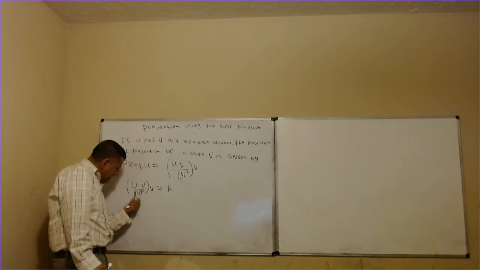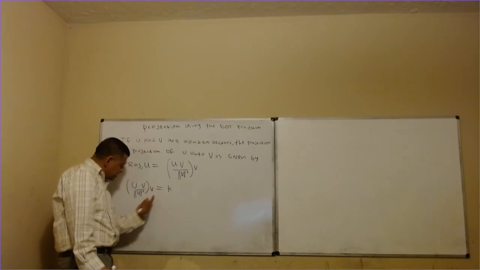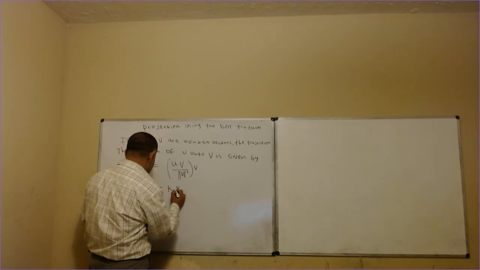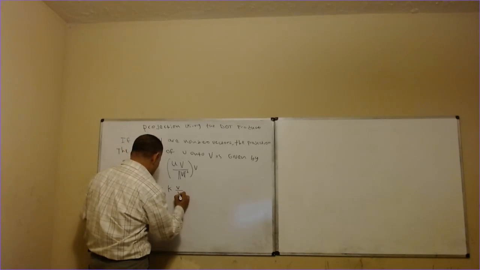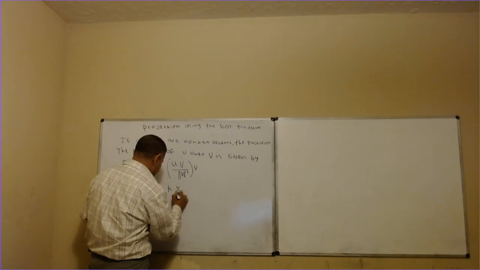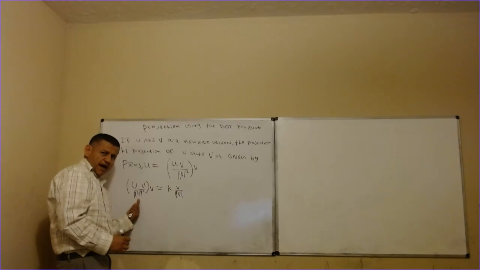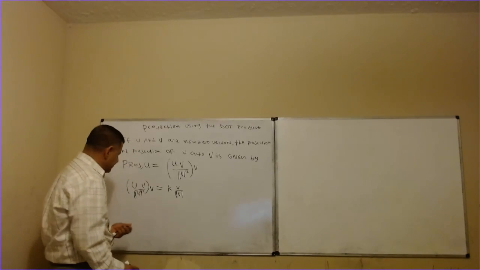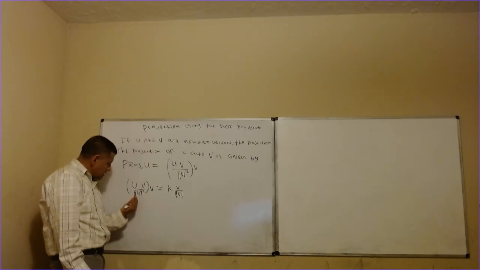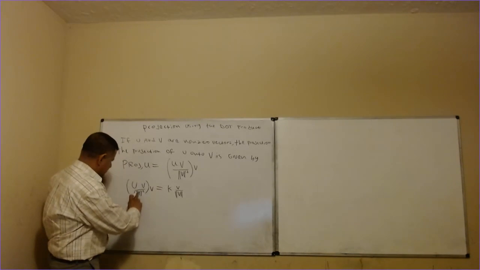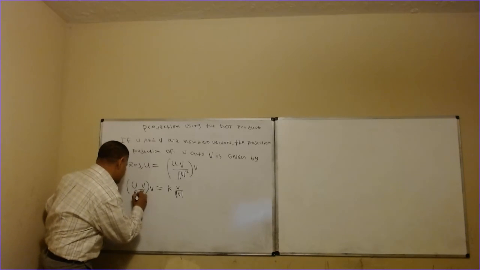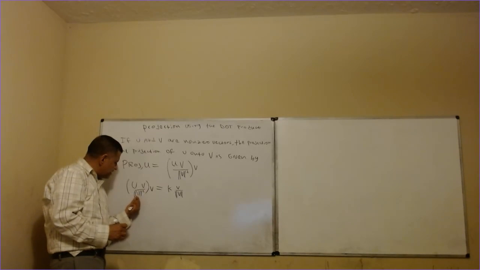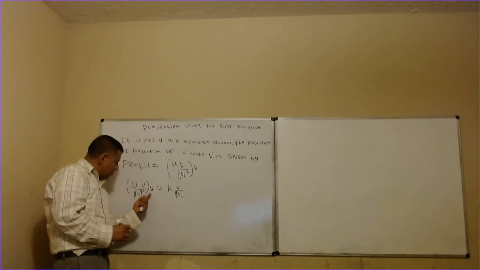I can take only one magnitude and put it under V. I can write the vector V separately: one V stays under this and another V stays under this.